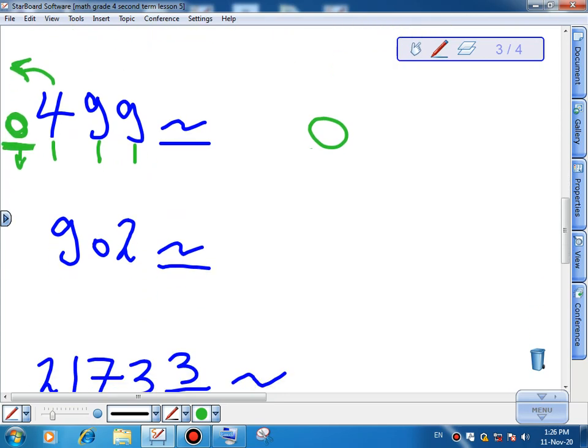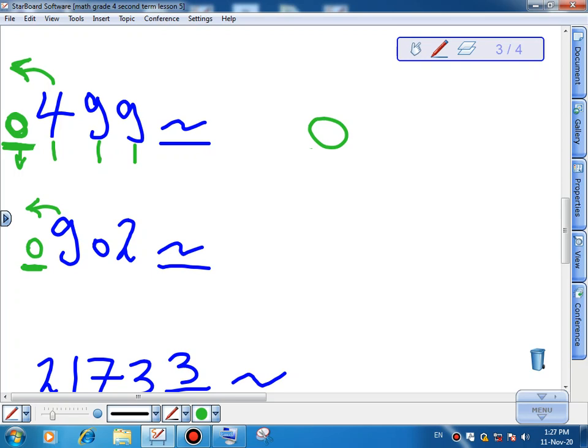But in this case, 902. If I need to approximate this number to the nearest thousand, units, tens, hundreds, I don't see the thousand place, so just put 0. It's not important. This 0 is lying in the thousand place. The digit before the thousand place, the hundreds place, is 9.